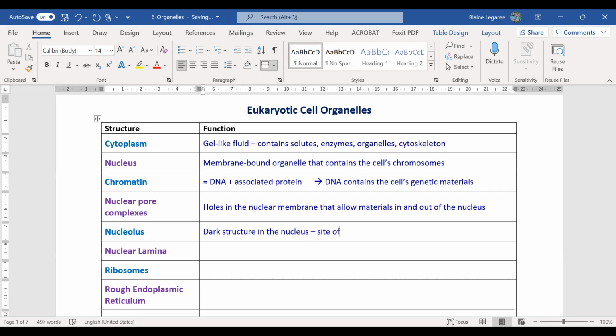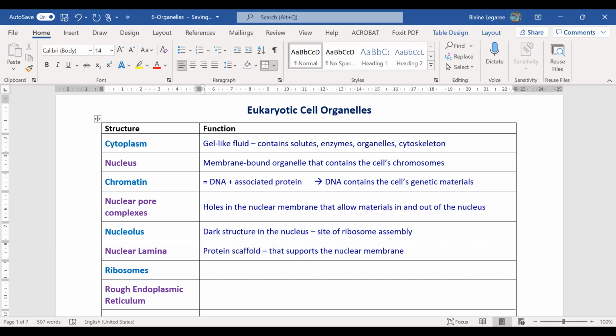This is the site of ribosome assembly. So basically, we were talking about a ribosome factory. All right, and the nuclear lamina. So this is a protein scaffold. And what does it do? It supports the nuclear membrane. And that's the definition.